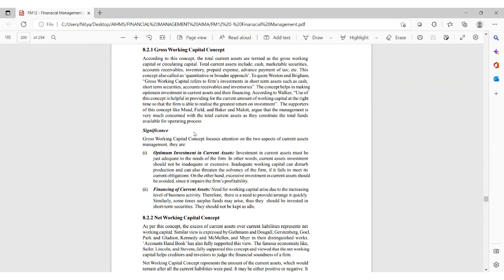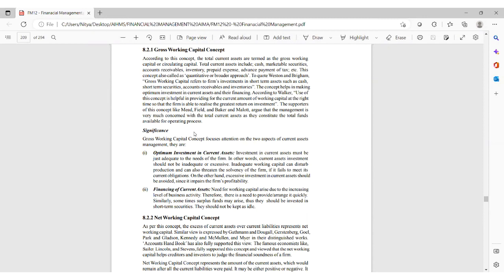When I'm talking about total current assets, then it is different types of current assets, like cash, marketable securities, accounts receivable, inventory, prepaid expenses, advance tax paid, all these things. So here the concept is more on quantity. That means it is a broader concept, right?